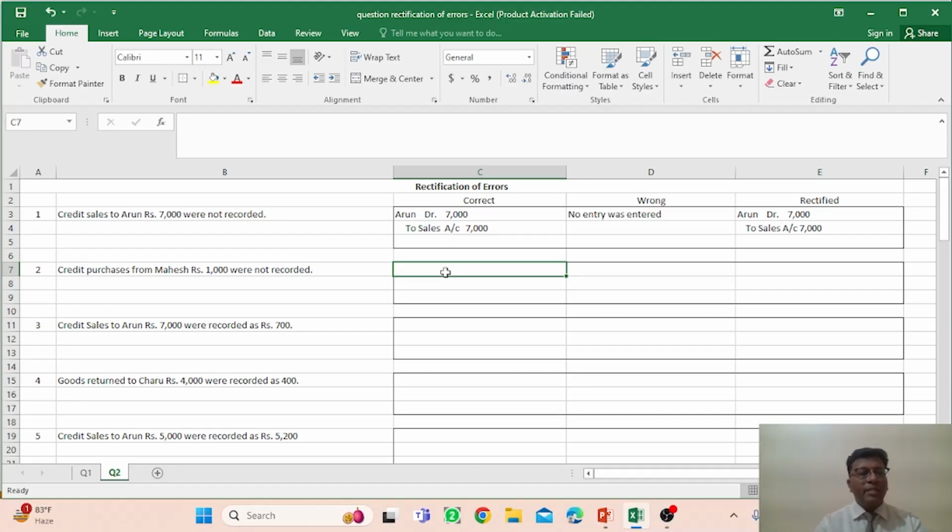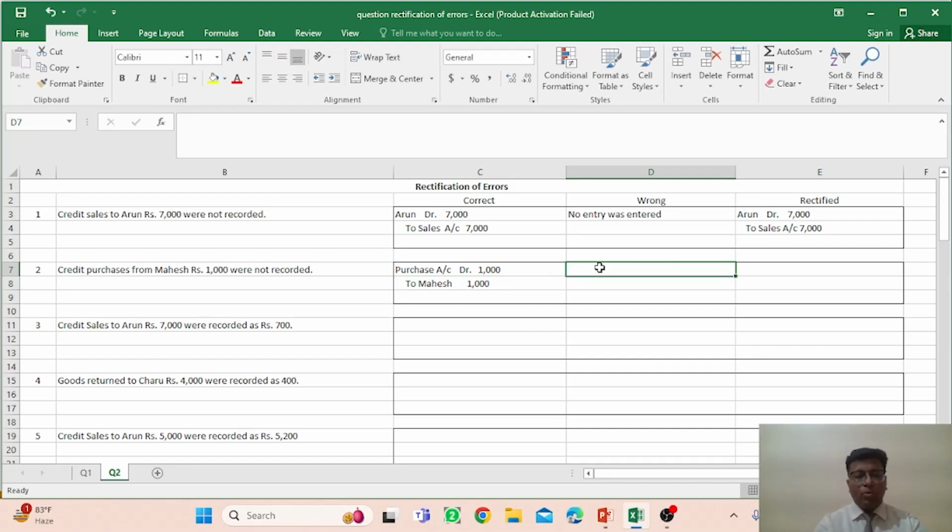And the second transaction is that credit purchases from Mahesh, rupees 1,000, were not recorded. So again, you bought the goods from Mahesh on credit, and the entry was not recorded. So what should be the correct entry? The correct entry is purchase account debit rupees 1,000, and to Mahesh rupees 1,000.